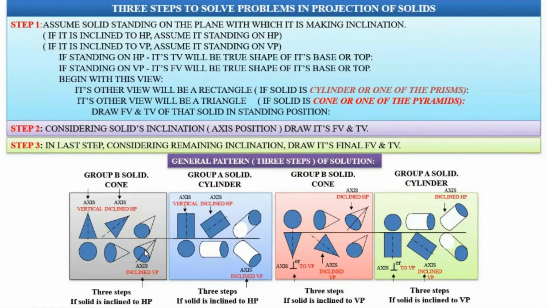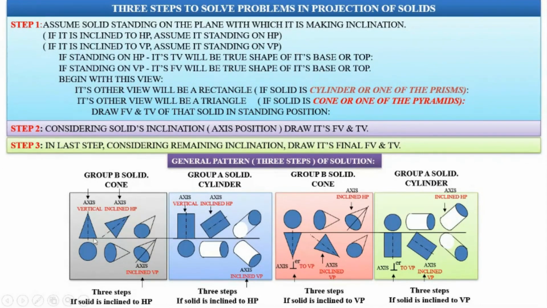So you have to draw it in your book, considering that you need this much space to draw all these 6 figures when the axis is inclined to both the planes. When it is not inclined to both the planes, if it is perpendicular, in its simple position, that is the initial position, you have to draw only 2 drawings.